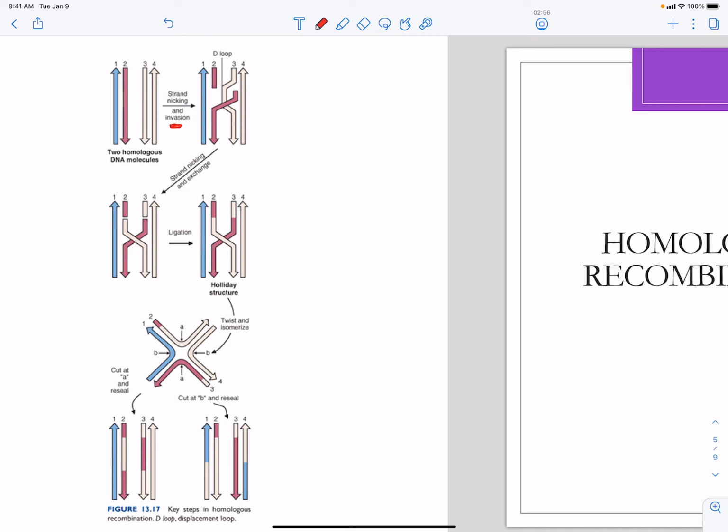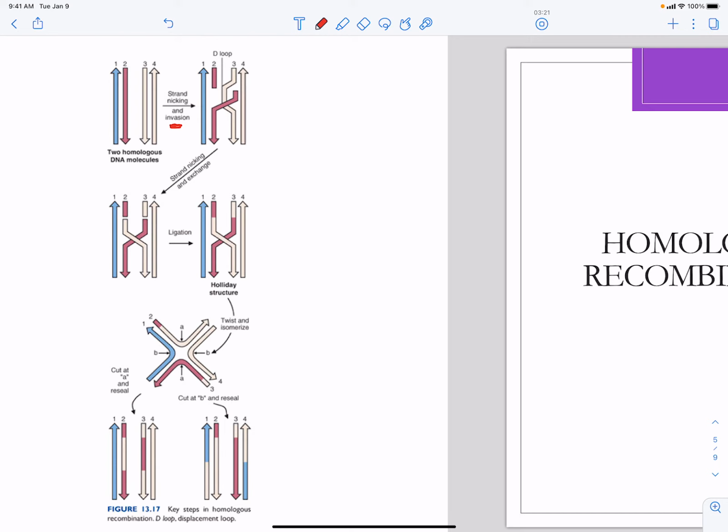You're going to form what's called a Holliday structure. The Holliday structure is where you basically have the four chromosomes lining up. So it contains four double-stranded arms joined together, and the arms can adopt several conformations. Then you're going to have exchange of material.